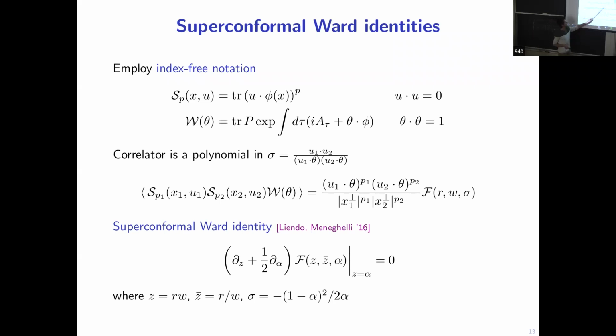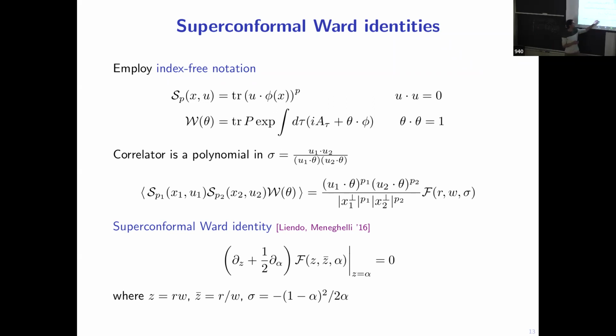The reason to do this is that now we have our correlator as a function of three variables. You can do another change of coordinates, which is not too important, and then the effect of supersymmetry translates into a linear relation satisfied by this function.